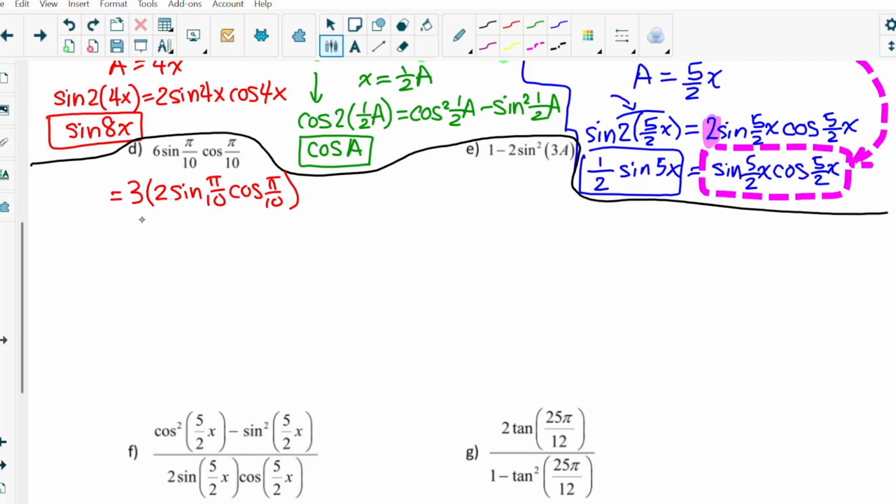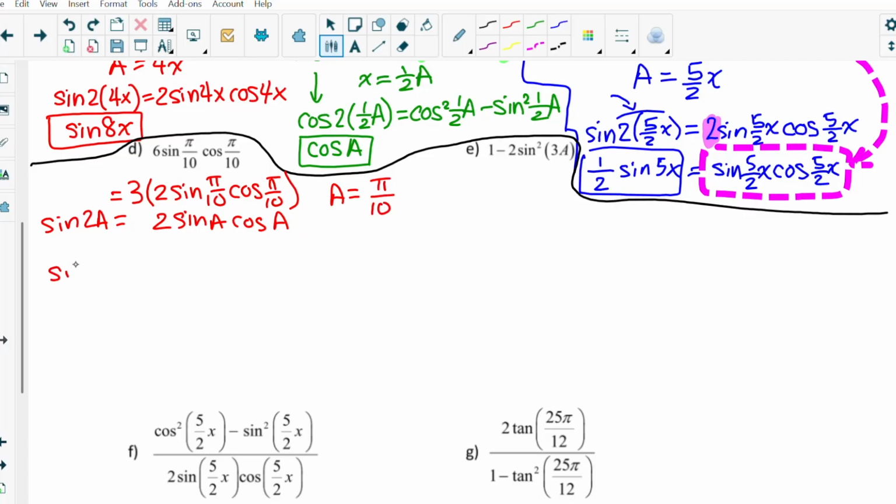Then 3. Let's do this. I'm going to put the identity right under it in generic form: sine of A cosine of A. It's obvious to me that A is going to equal pi over 10.